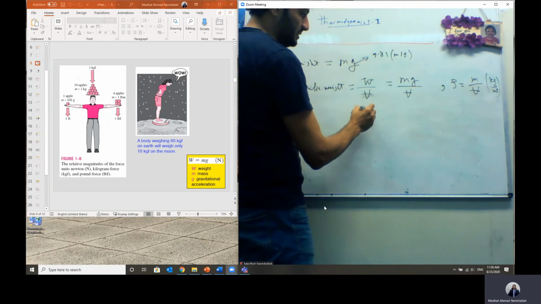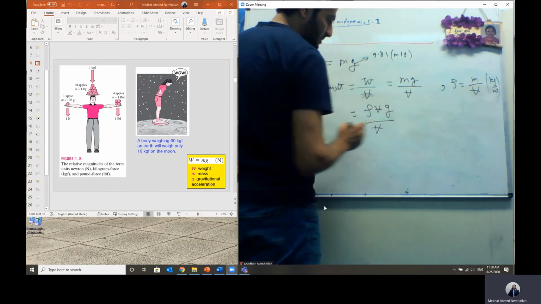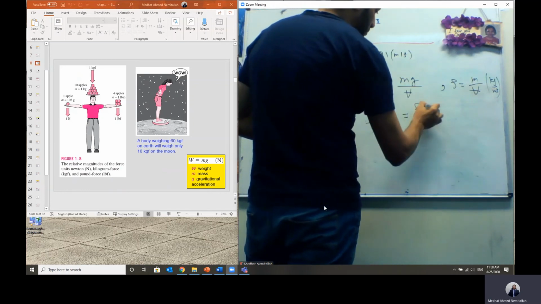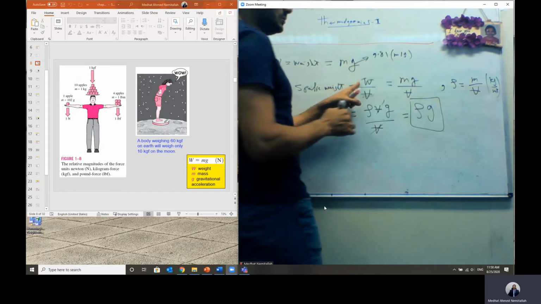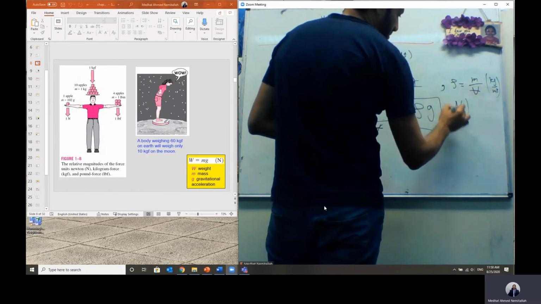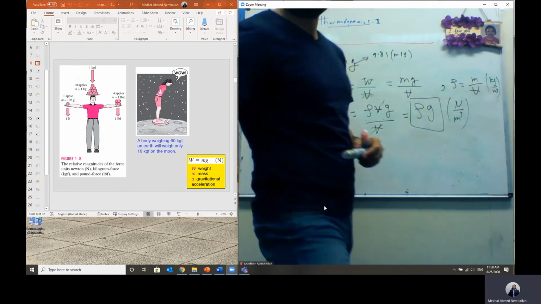So the specific weight equals density times volume times gravitational acceleration divided by volume. V goes with V, so it equals rho multiplied by gravitational acceleration. Its unit is force per volume, Newton per meter cube. So specific weight is equal to rho g.